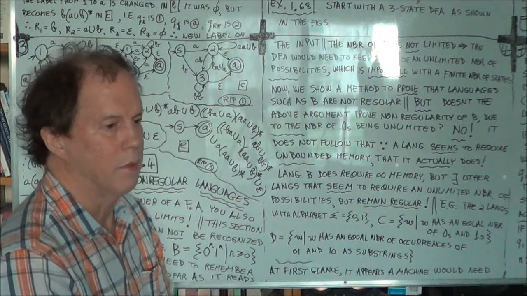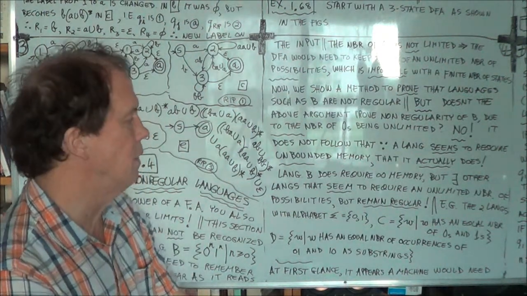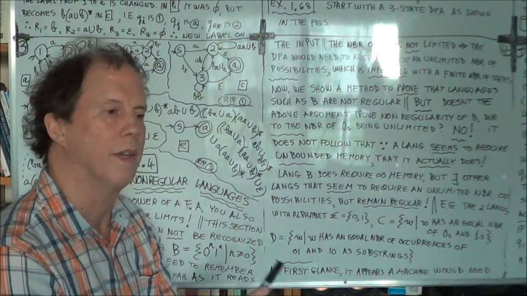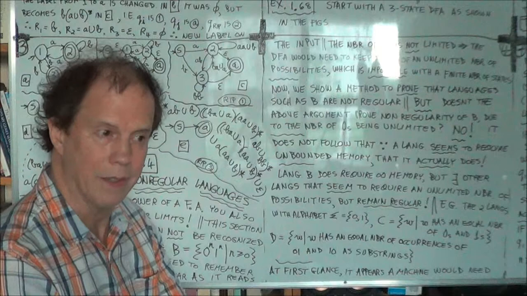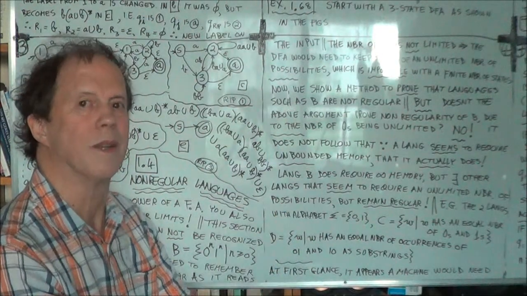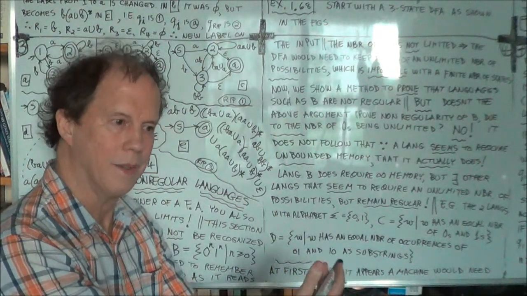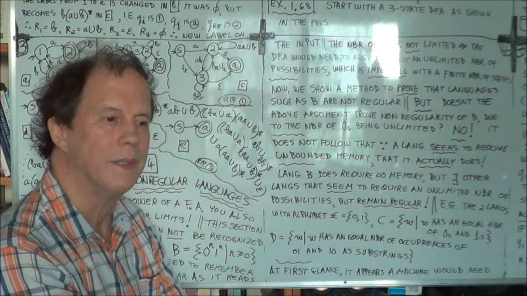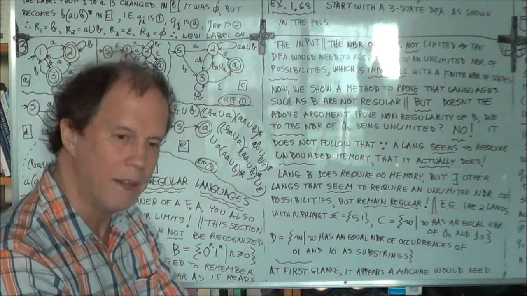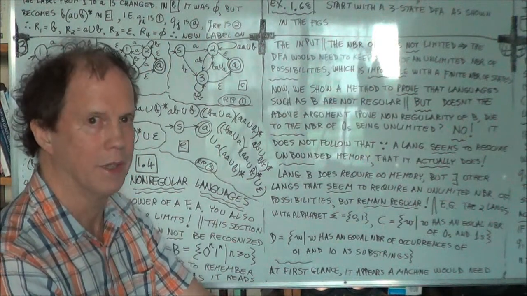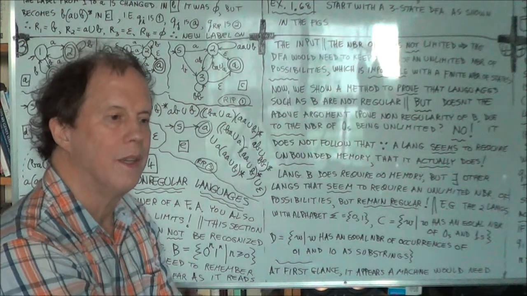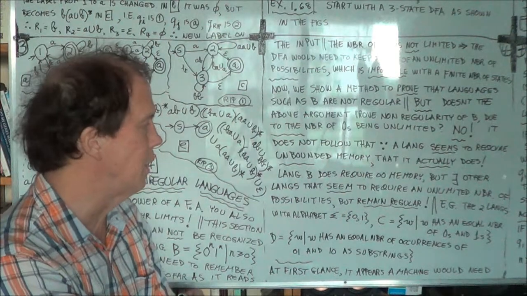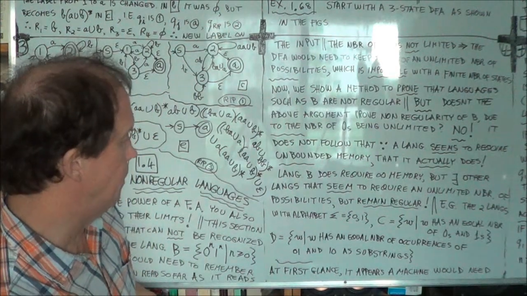Now it turns out that one of them is non-regular, and the other one is surprisingly regular, despite the appearance that it needs infinite memory. In fact, it can be recognized by a finite automaton that needs only a finite number of states, a finite amount of memory. Okay, so.